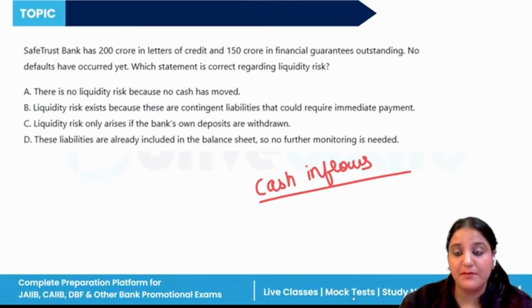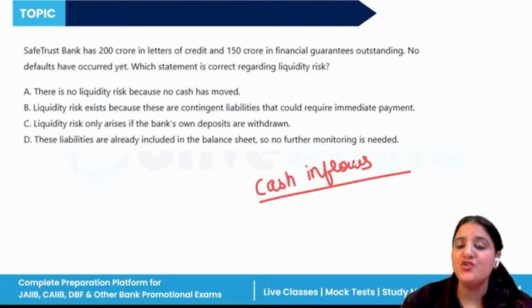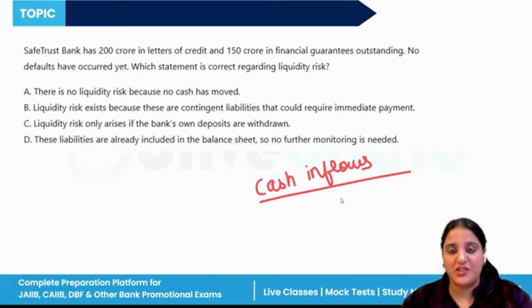And also, which statement is correct according to this. Off balance sheet items are not reflected as current cash outflows. They can become actual liabilities, but under some conditions.